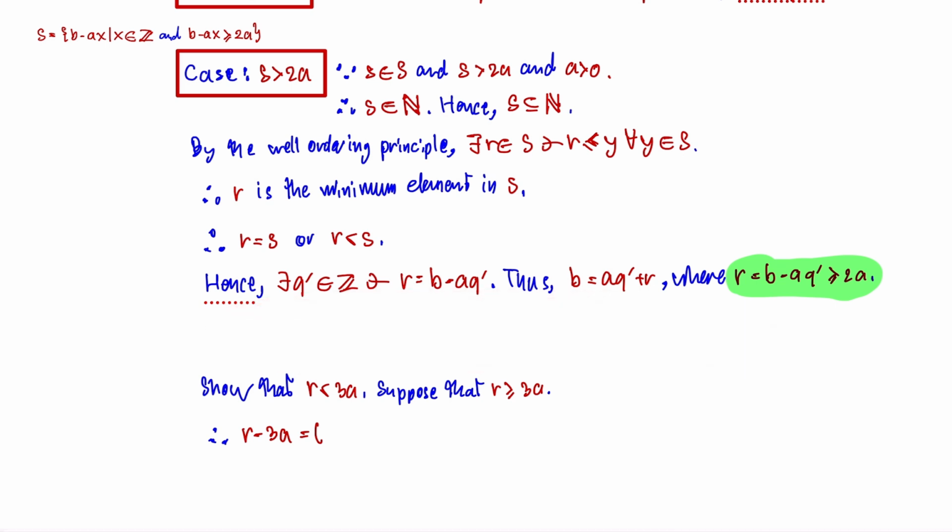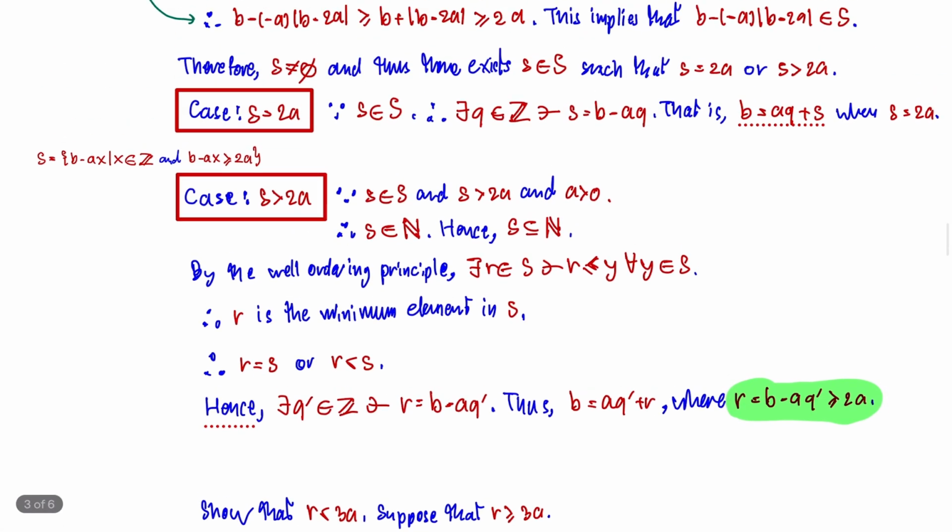I forgot to write some conclusion right here. I should write this. From R greater than or equal to 2A, and from these two cases, there exists Q and remainder.